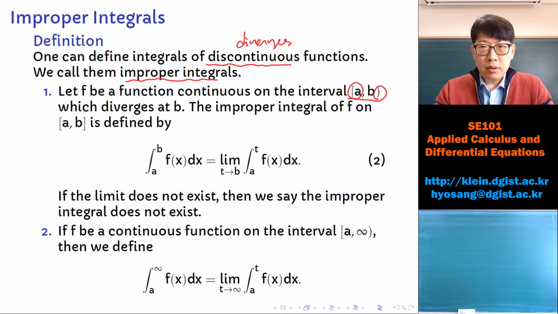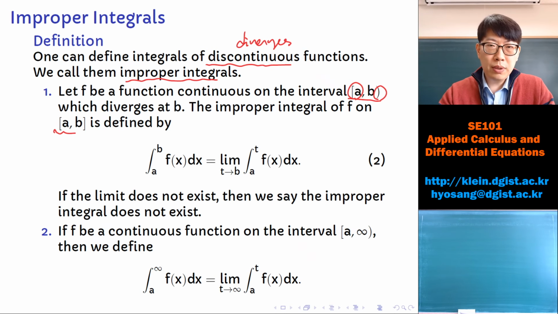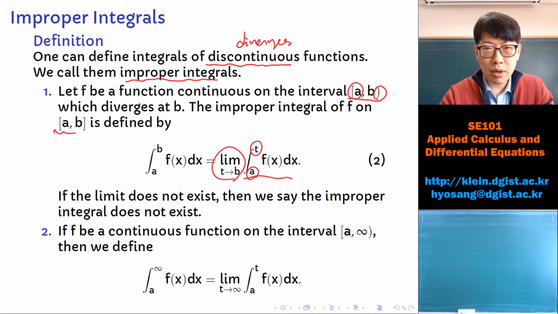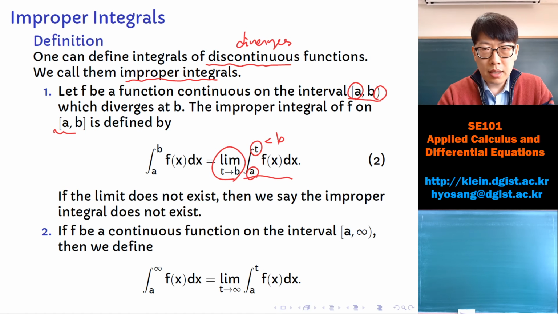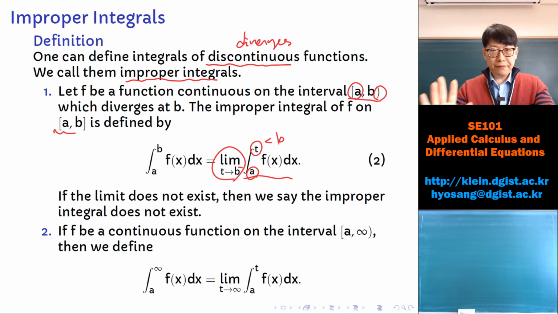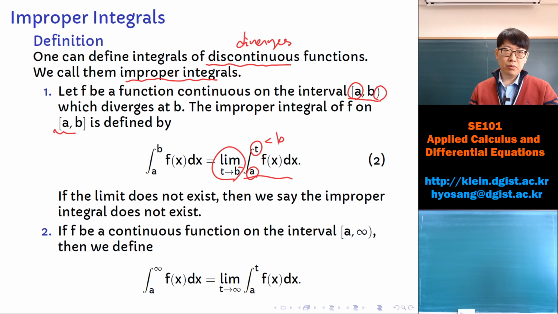The improper integral of f on this closed interval is defined to be the limit of integral from a to t, where t is the value less than b, and limit is taken when t goes to b. So, of course, this limit is the left limit. T approaches b from the left-hand side. So if this limit exists, then we define improper integral of f on this continuous domain.